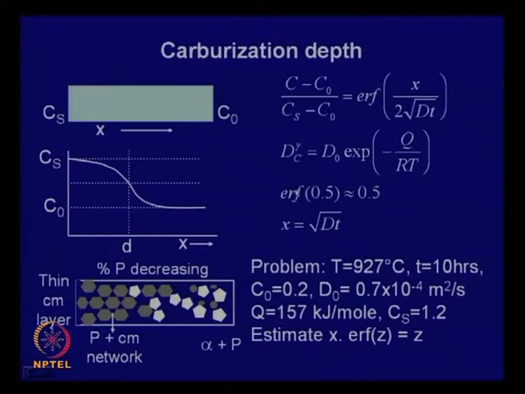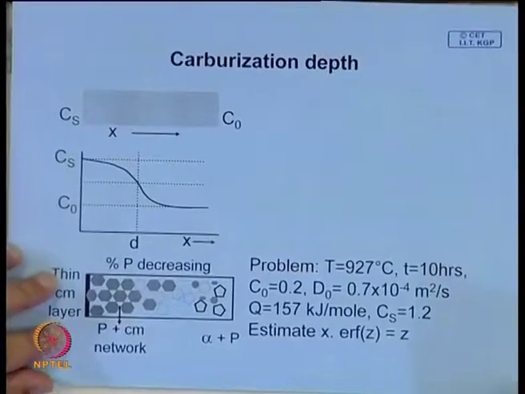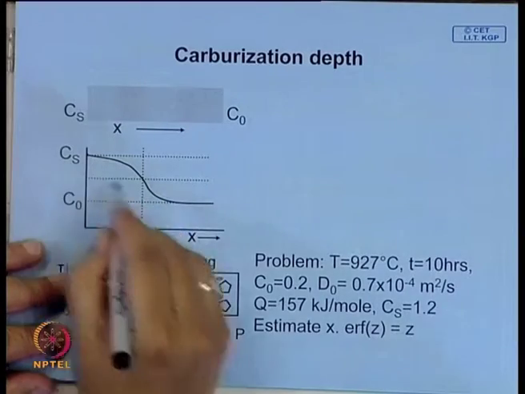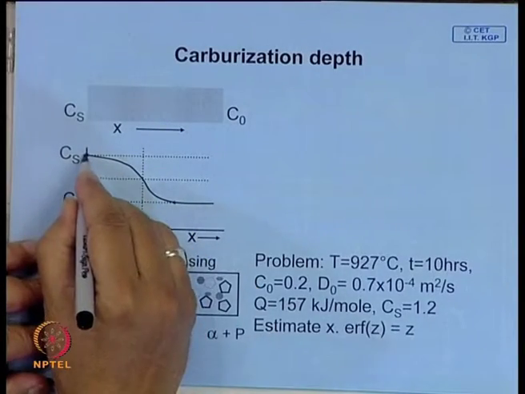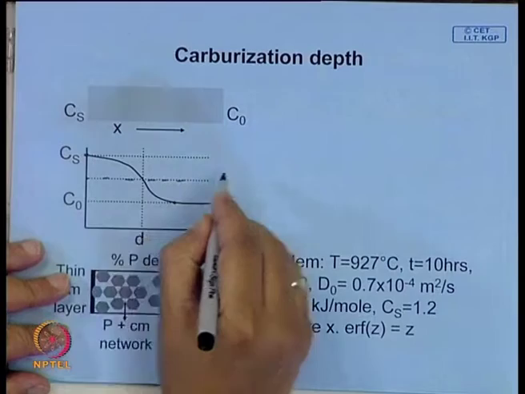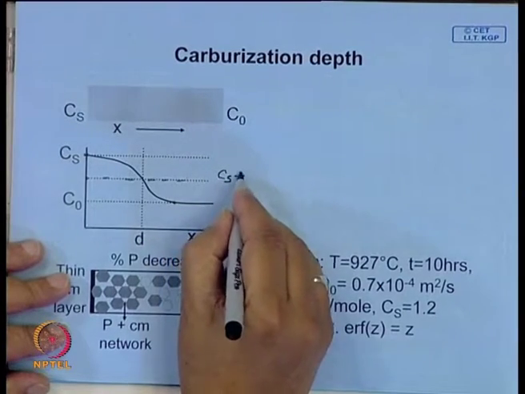So, if we assume that, if you look at this sheet here, if this is the surface content, somewhere in between you will have the average carbon content.